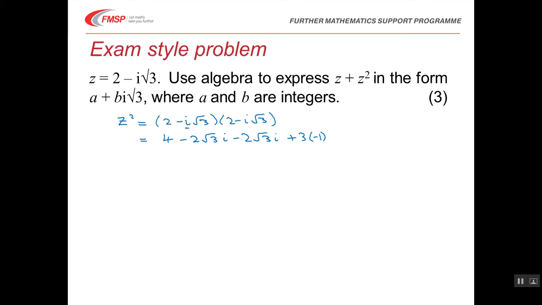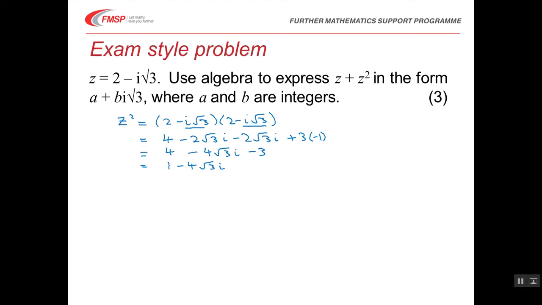So that came from minus root 3 i times minus root 3 i. Just tidying it up a little bit, we've got 4 minus 4 root 3 i minus 3. So collecting the real parts together is 1 minus 4 root 3 i.